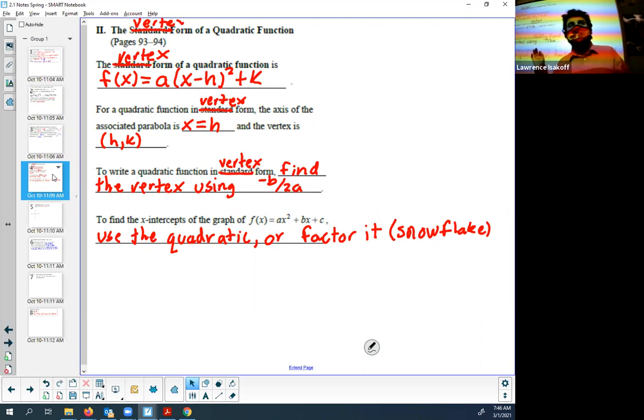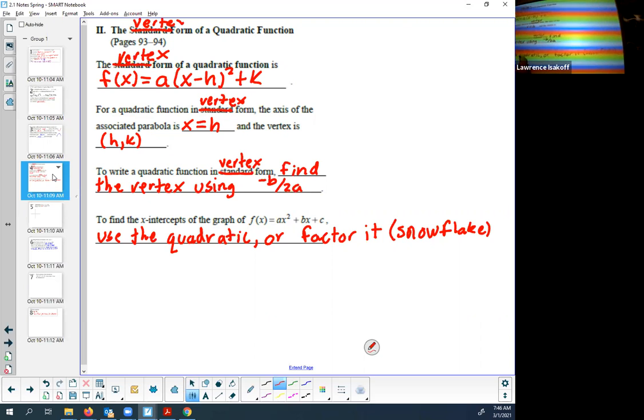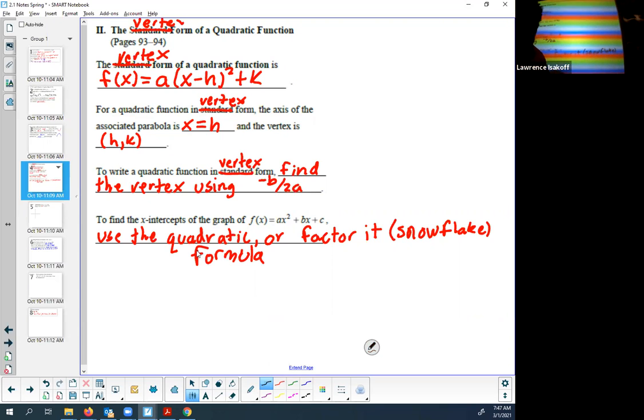So if we are trying to write a function in vertex form, we're going to need to find the vertex using negative b over 2a. And then if we need to find the x-intercepts, we're either going to need to use the quadratic formula, or factor the quadratic.